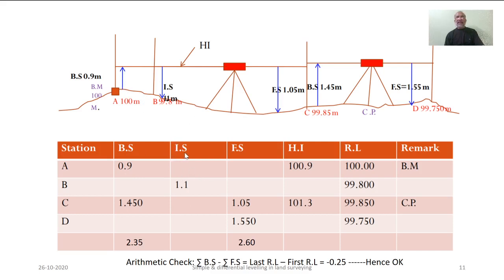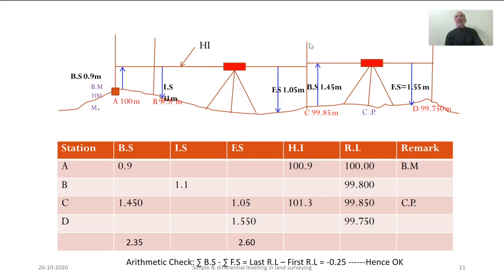Hence, it is entered as intermediate sight. Now, from this setup, the reading on station C, which is 1.05 meter, is the last reading. Hence, that reading is treated as foresight reading.